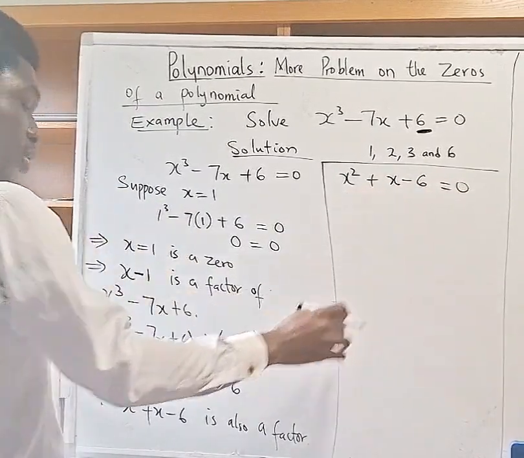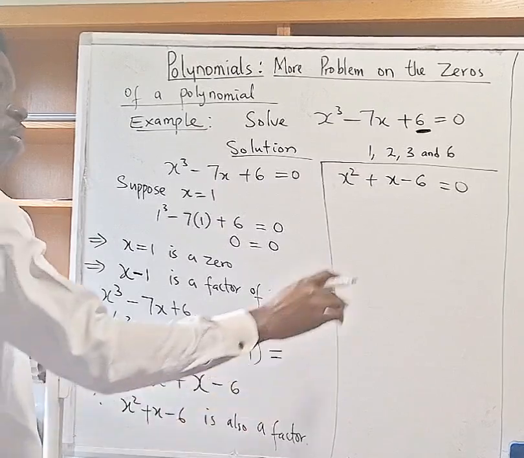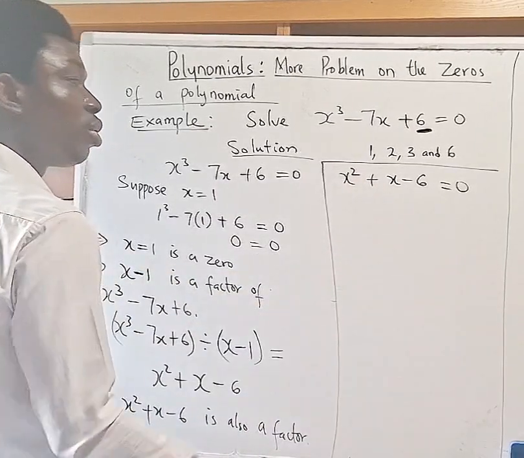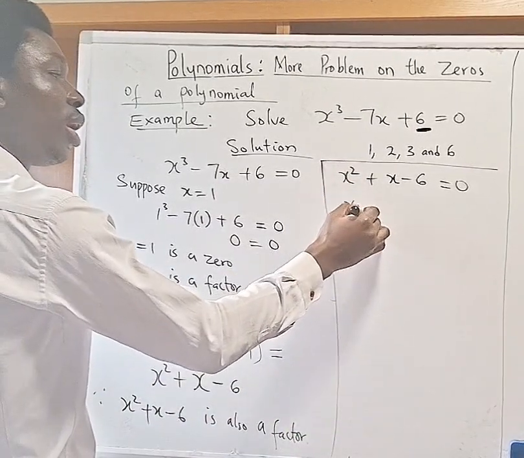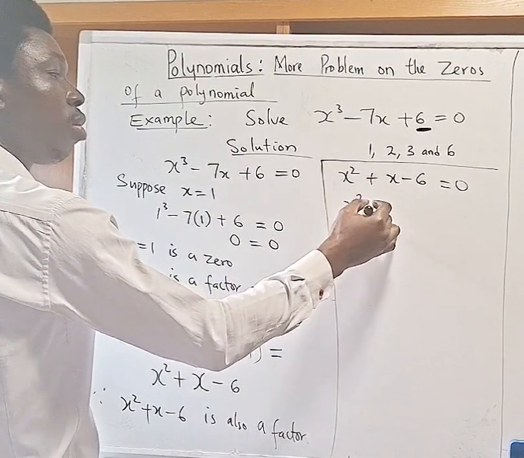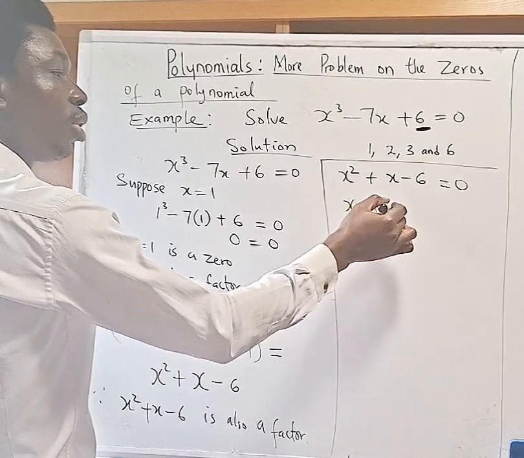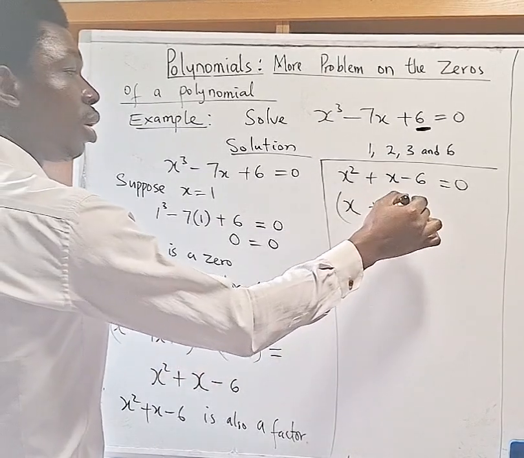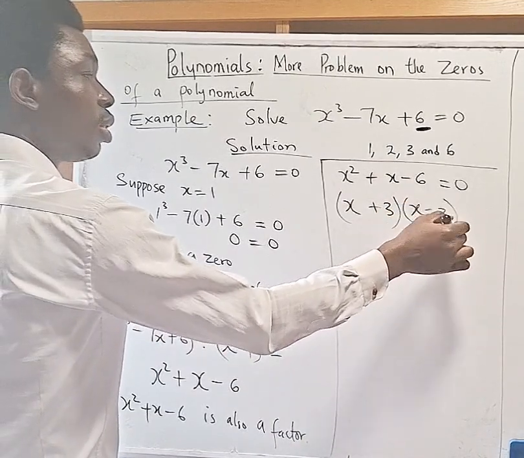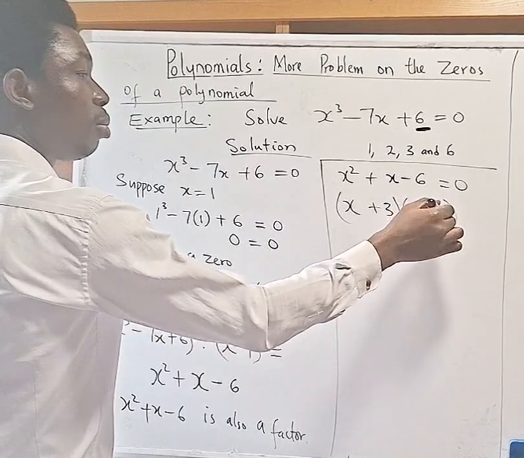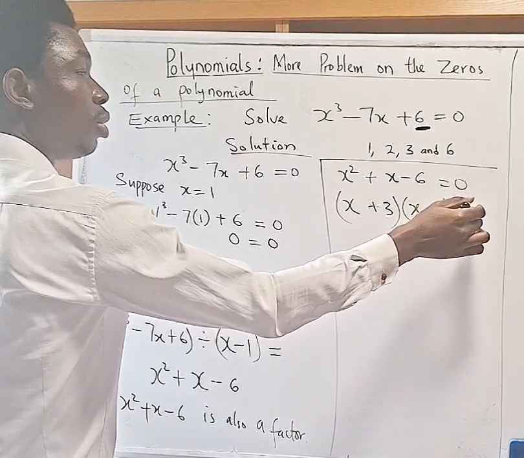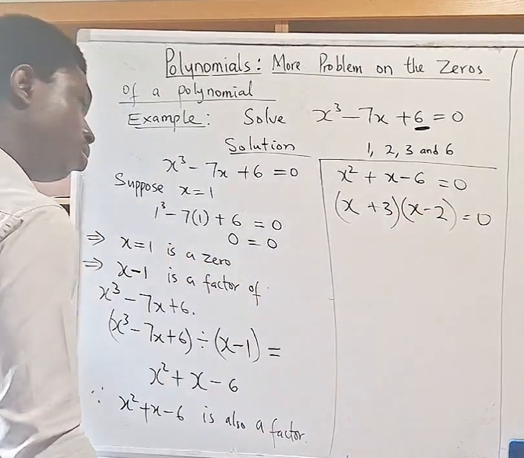So factorizing this, we get (x plus 3)(x minus 2) equals 0.